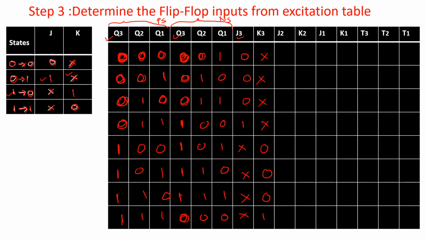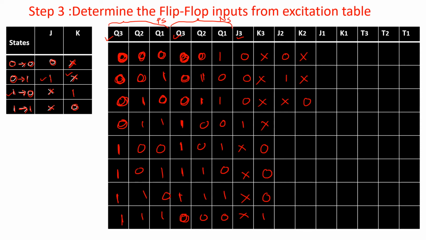So 0 to 0, it is this one. Then we have 0 to 1, which is 1 and don't care. Then we have 1 to 1, that is don't care and 0.